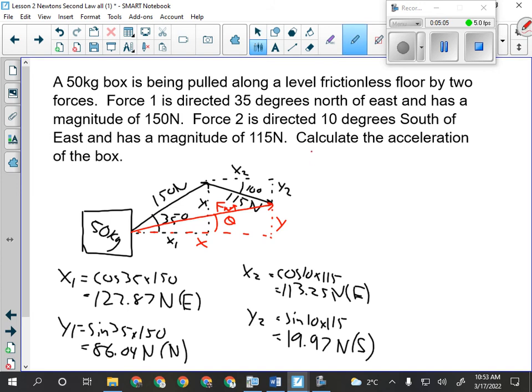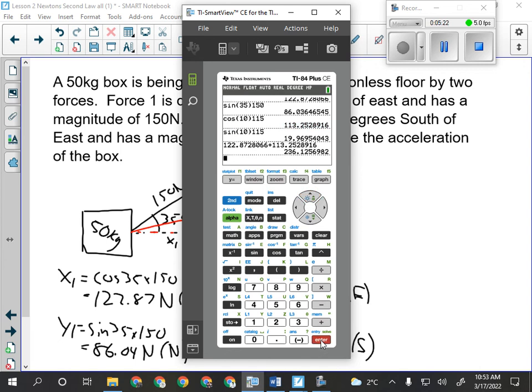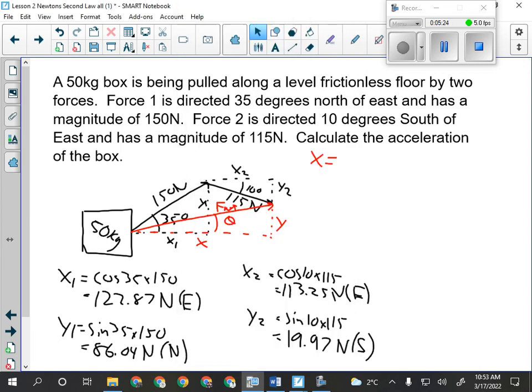So now I can calculate my resultant x. They're both east, so I just have to add them together. That'll be the 122 and the 113. So 236.13 newtons east.